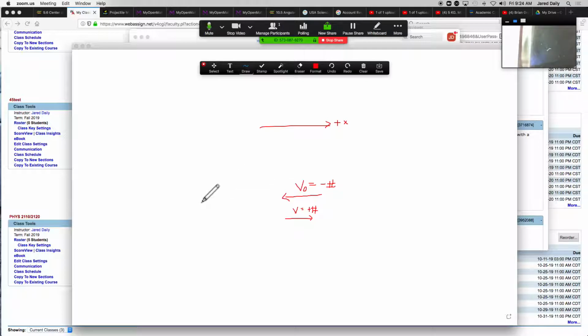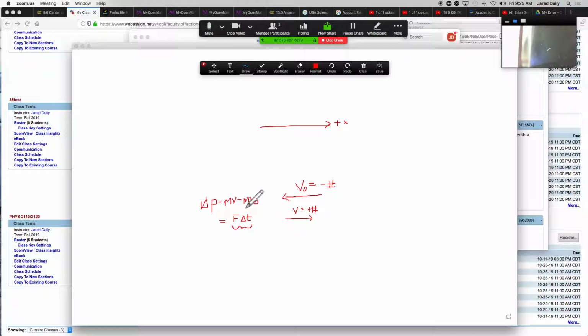So the change in momentum is going to equal m v final minus m v initial. But it's also equal to the force that causes that change times the change in time. And these are the things they give us.